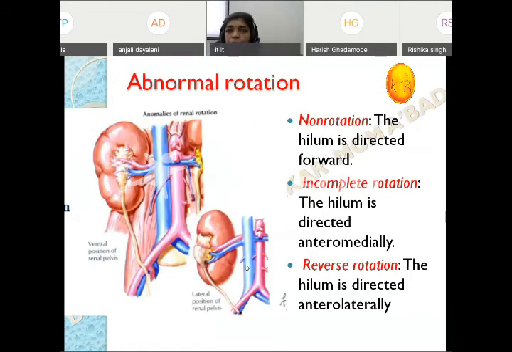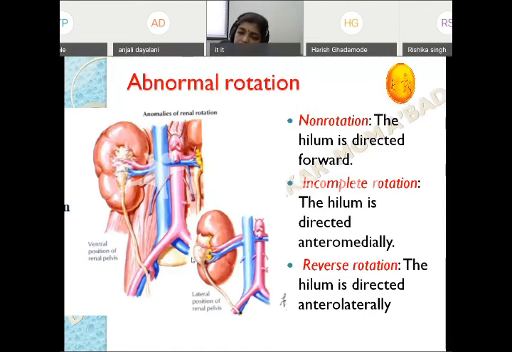Now abnormal rotation. You know it is rotated 90 degrees medially. If it is not rotated, it is called non-rotation. If it is incompletely rotated, it is called incomplete rotation, or it can be reverse rotation. In non-rotation, the hilum is directed anteriorly.